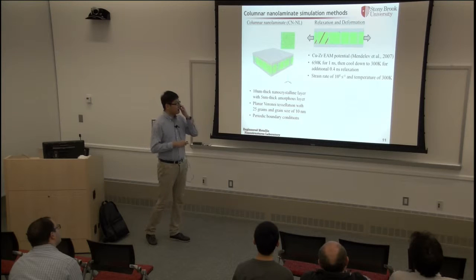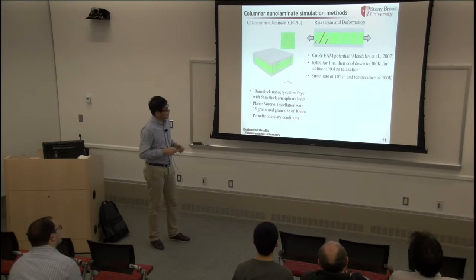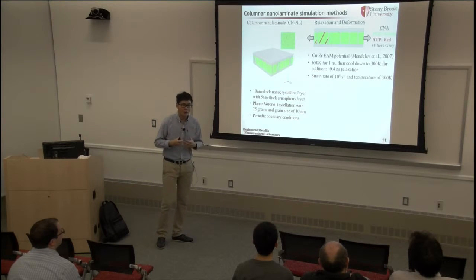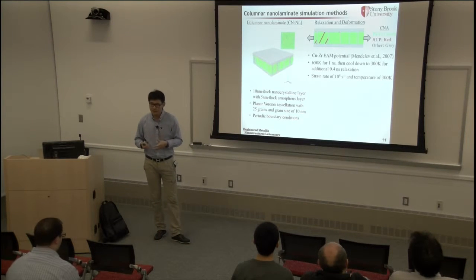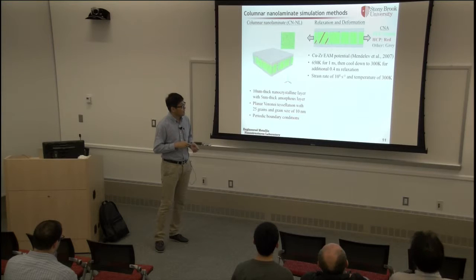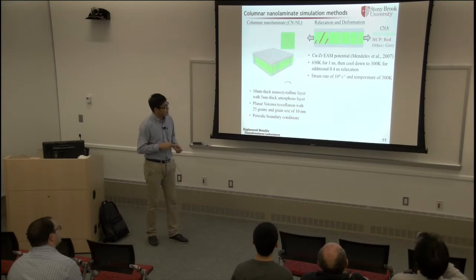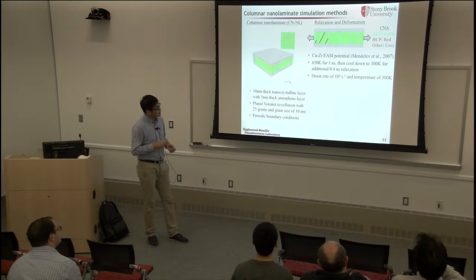Here are the relaxation and deformation conditions, and we use common neighbor analysis to characterize the atoms: the face-centered cubic atoms are green, the hexagonal close-packed atoms are red, and the grain boundary atoms and amorphous atoms are gray.